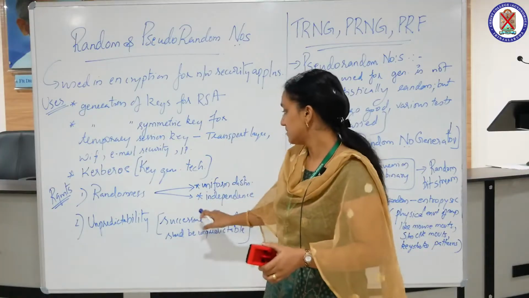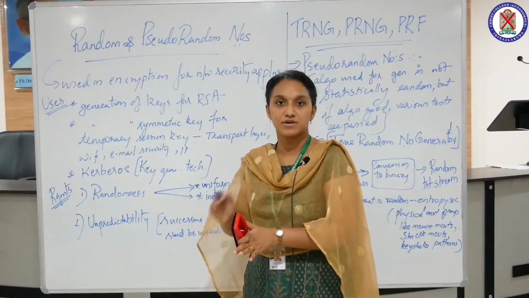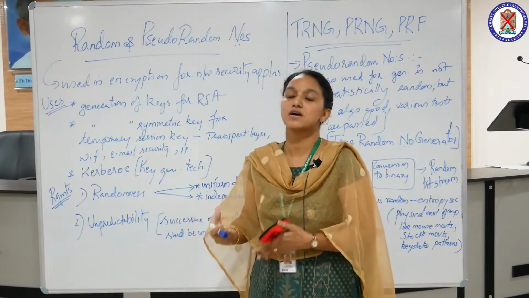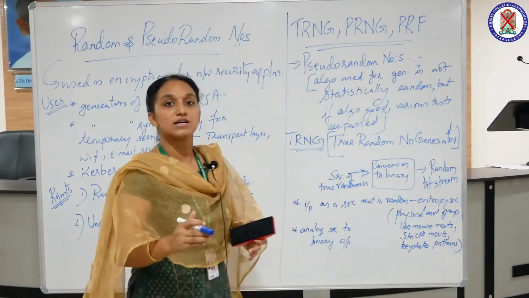The second important requirement is unpredictability: the next member which we suspect should not be predictable. That's it. Clear? So, moving on to the generators.